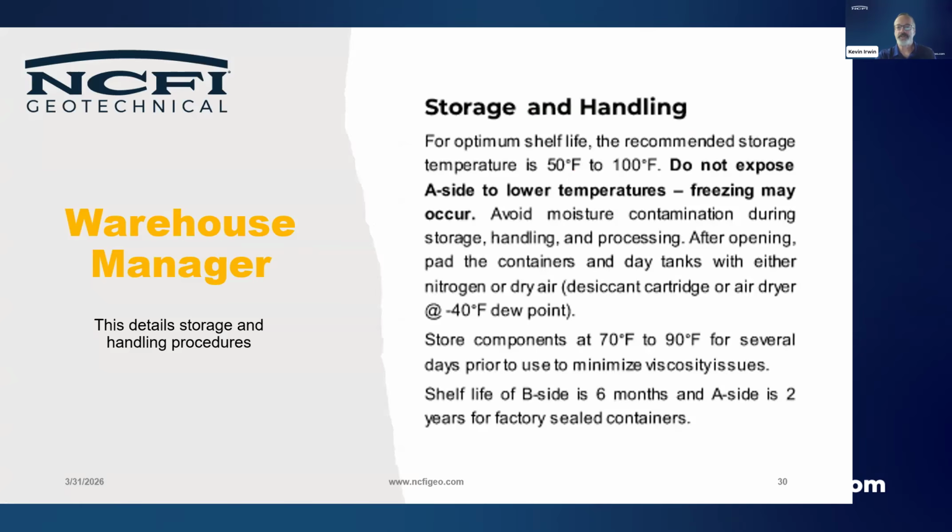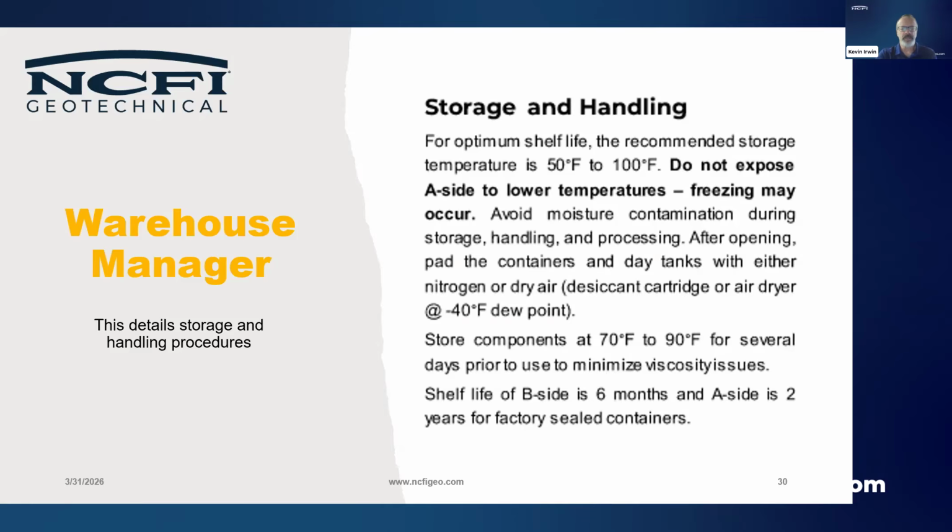For the warehouse manager, anybody that's storing the chemical, note this, please. Between 50 and 100 degrees Fahrenheit is the recommended storage temperature. However, before you get out there to shoot, the drum should be warmed up to at least 65 degrees, if not 70. So that's something that can really help you in the winter months, the cooler months, as you make sure that you're storing your chemical.